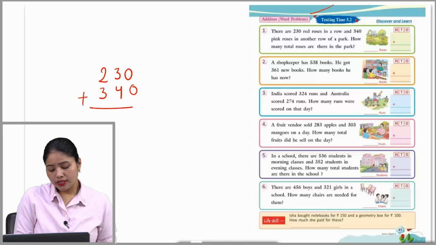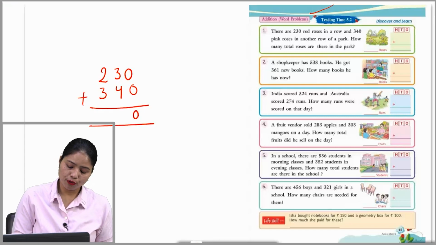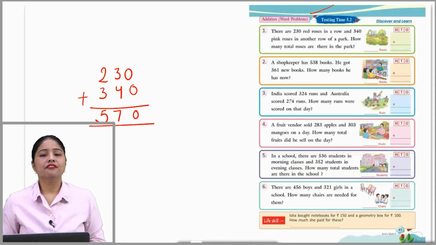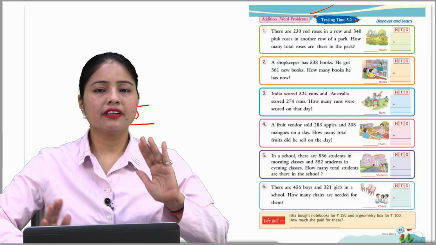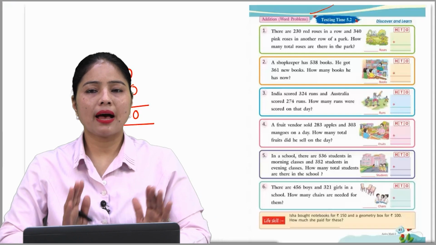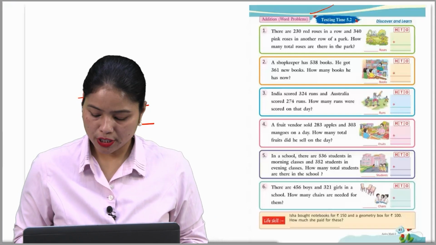So just add both the numbers together. 0 plus 0 is 0, 4 plus 3 is 7, and 3 and 2 is 5. So now we can say that there are 570 roses in the park. Okay, so these are other examples. You have to fill them in on your own beta.